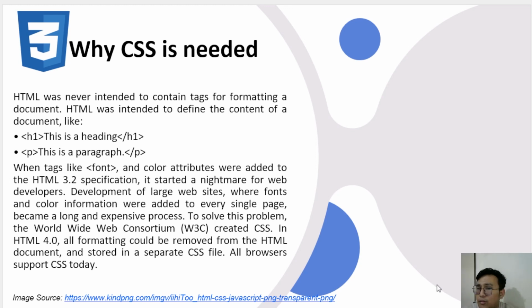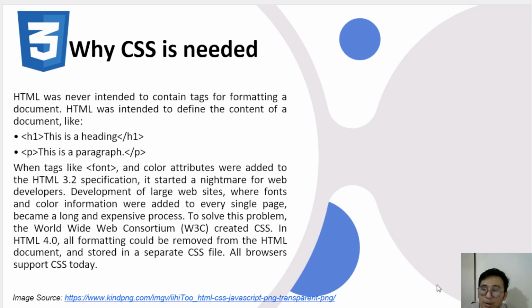When font and color attributes were added to HTML 3, in its specification, it started a nightmare for web developers, because in the development of larger websites, where font and color information were added to every single page, it became a long and expensive process.